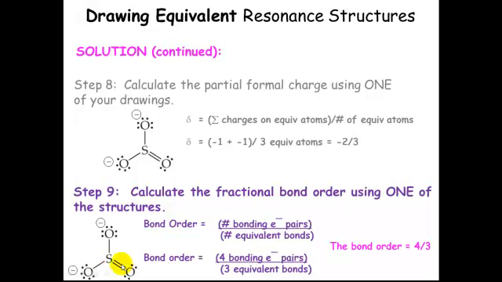So 1, 2, 3, 4 bonding pairs, divided by 3 equivalent bonds, or 3 equivalent bonding areas. When we divide that out, we get a bond order of 4/3, so basically 1 1/3. Makes sense, right? Each one has a single bond, and then this second bond, this double bond here, is equally split between the 3 regions to have 1 1/3 bonds for each sulfur-oxygen bond.